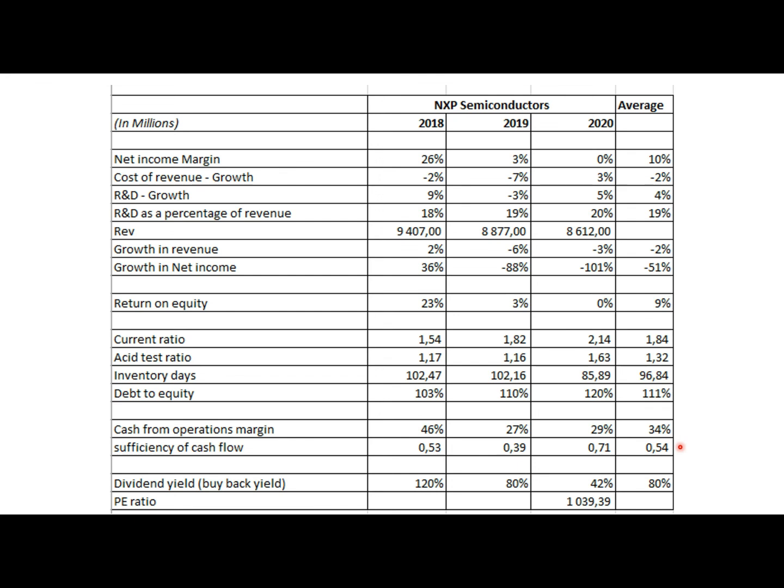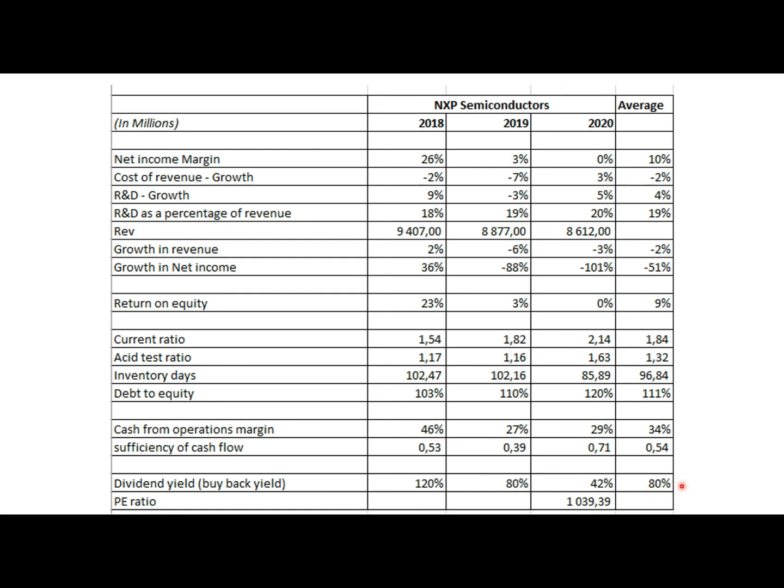So it's operating in a difficult environment. COVID is wreaking havoc on it. Yeah, this company makes me a bit nervous. The total return yield has dramatically reduced. So what NXP returns to shareholders has been dramatically reduced, and that makes sense.